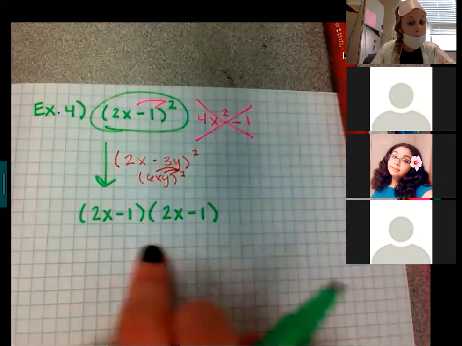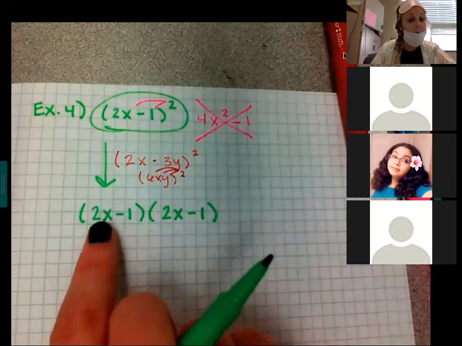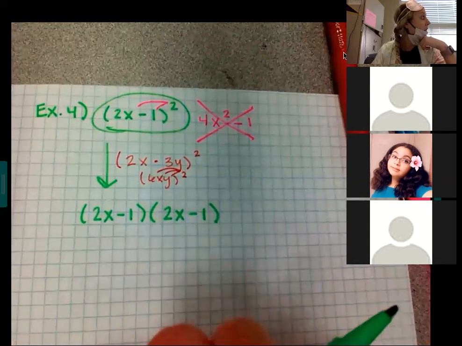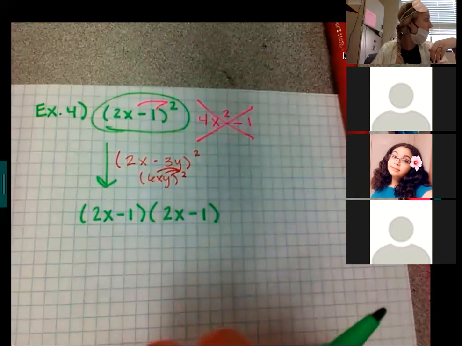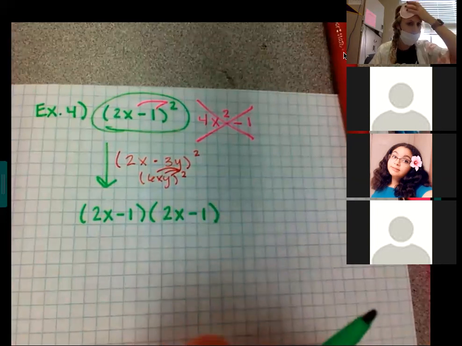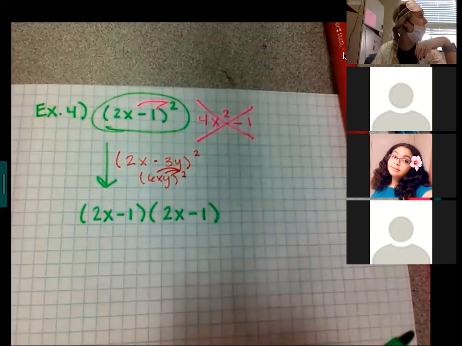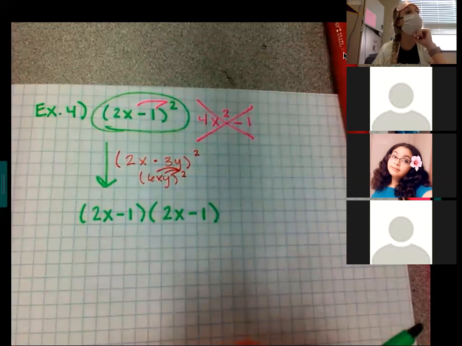You need to use the foil or box method. It's still 2 things times 2 more, which means I should get 4 terms. Go ahead, foil or box while y'all are waiting on me. Don't do it in your head. Show your work. If you don't show any work, I'm going to assume you used photo math and I'm going to give you a 0. Anybody? Because I always have kids that don't show work for this stuff.